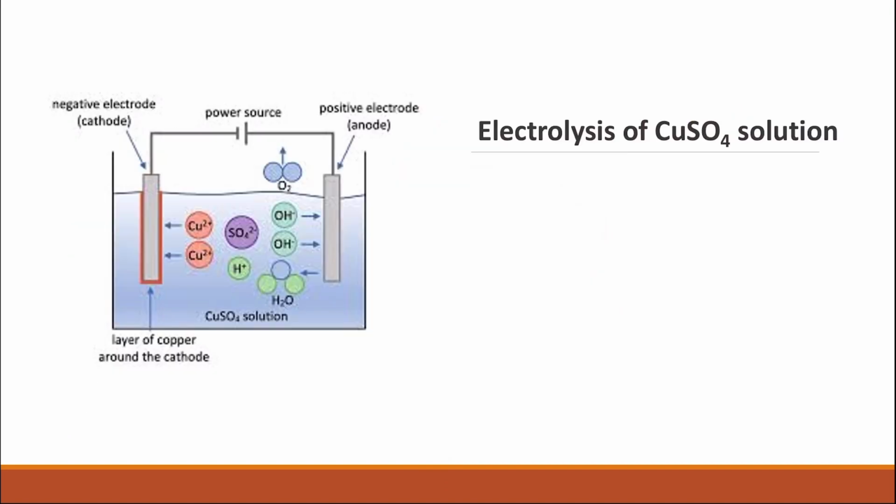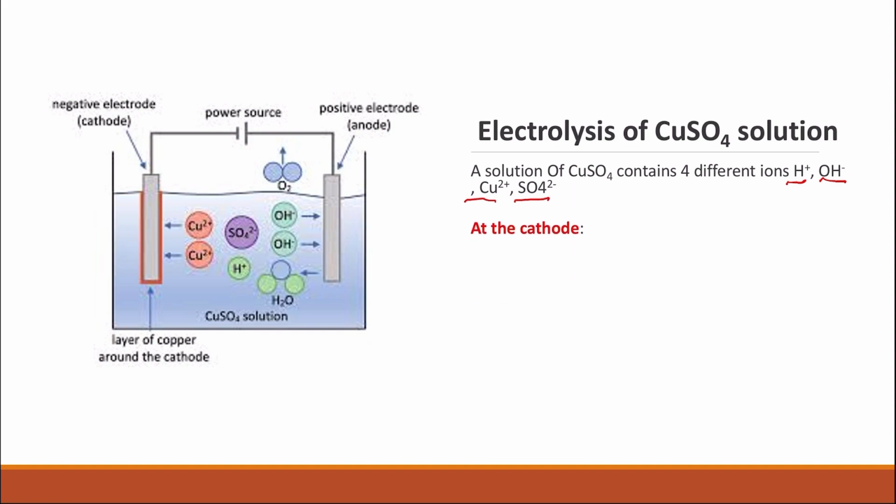So let's have some examples. An example is the electrolysis of copper sulfate solution. In copper sulfate solution, we're going to have four different ions: hydrogen, hydroxide, copper 2 plus, and sulfate 2 minus. And then let's have a look at the cathode. What will happen at the cathode? We're going to have the hydrogen and the copper.